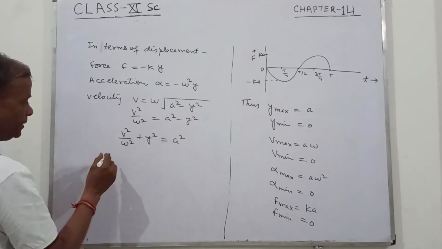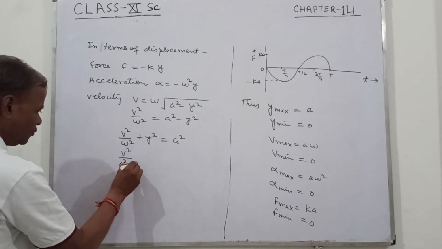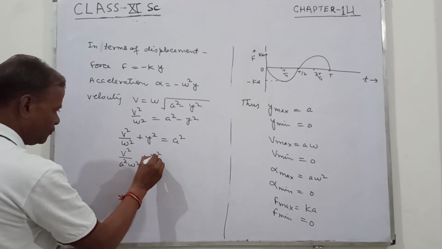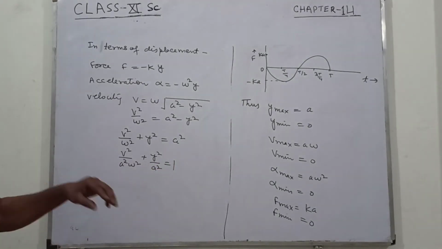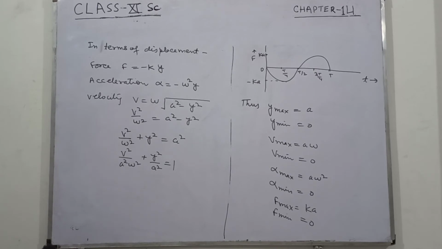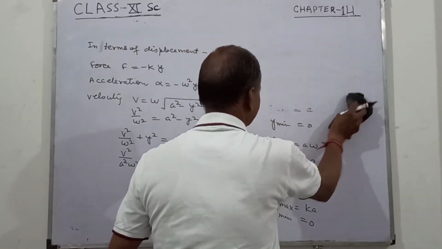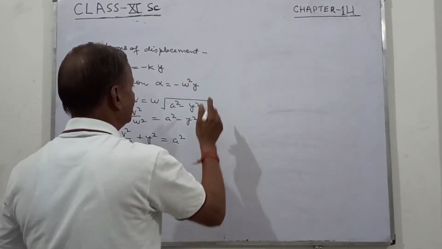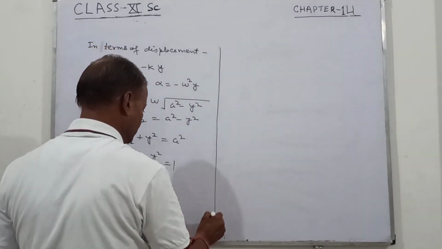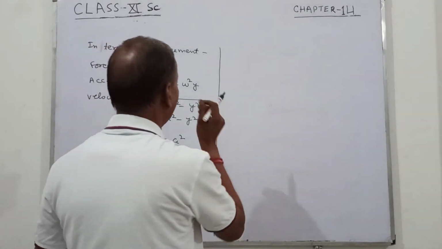So we divide by A square, then v square upon A square omega square plus y square upon A square equal to 1. So this is the equation of an ellipse. So now we can draw all of these.